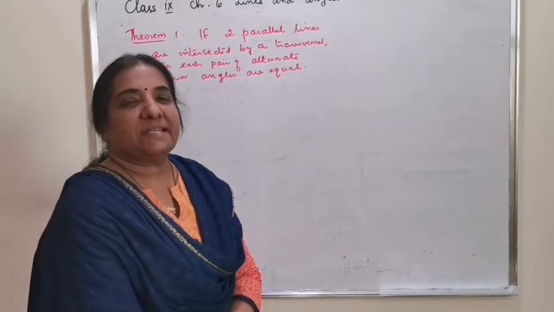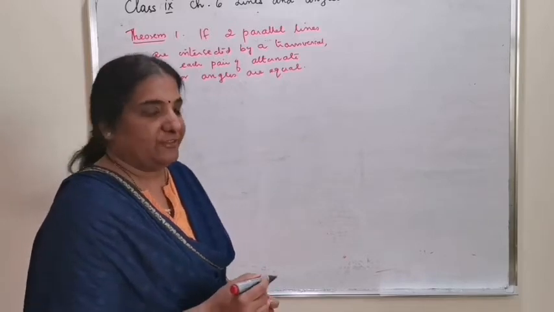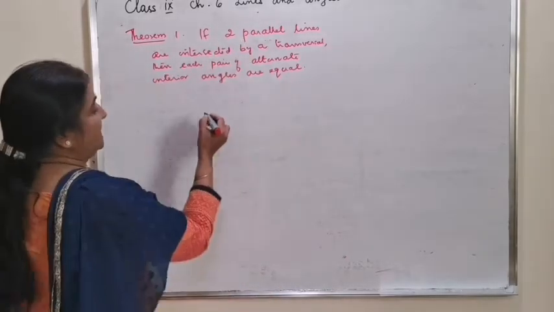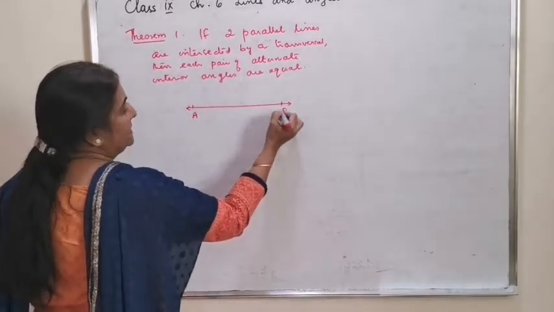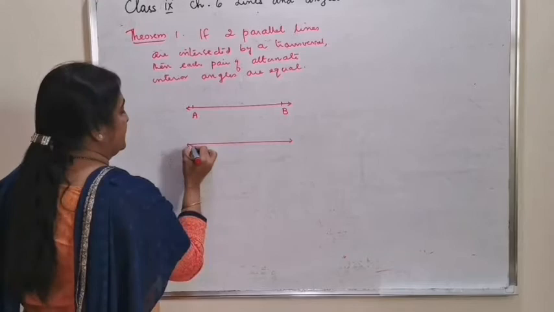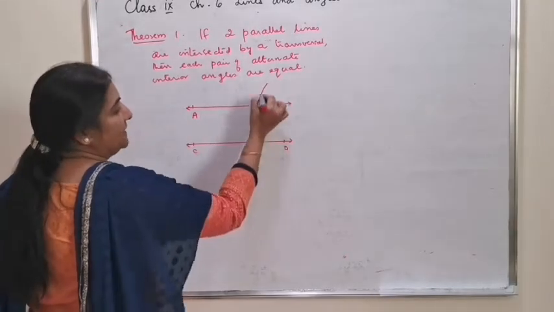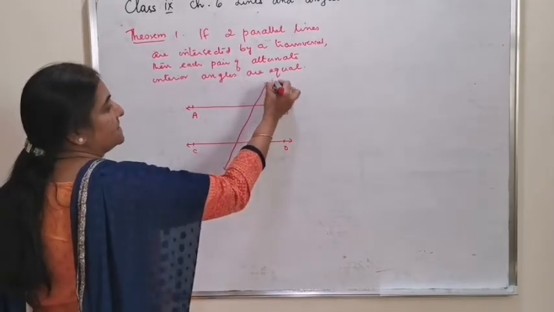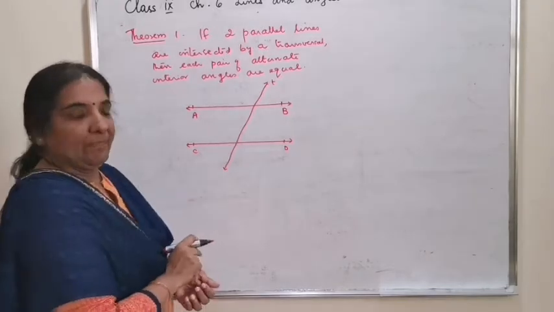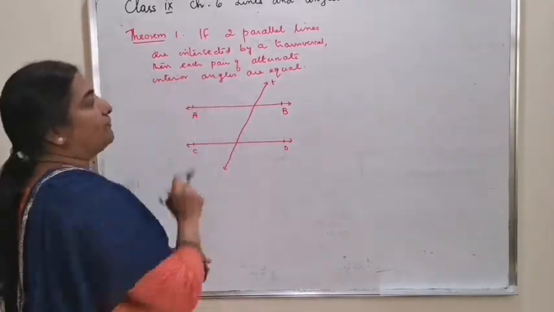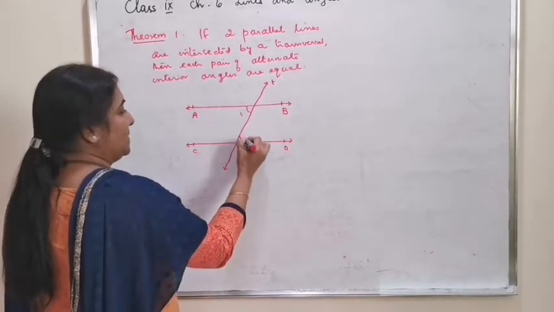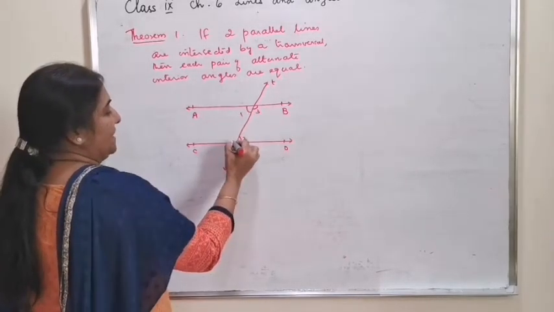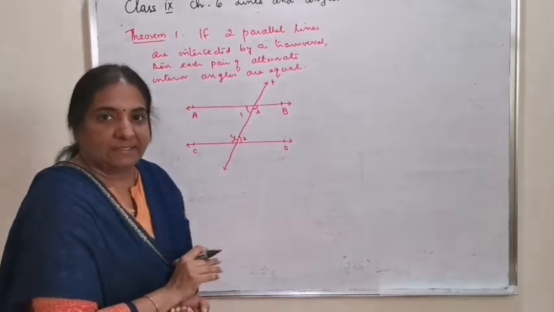By reading the statement, we have to draw the figure. Let AB and CD represent two parallel lines and let T represent the transversal. Each pair of alternate interior angles, let's mark it as 1, 2 as the first pair, 3 and 4 as the second pair.